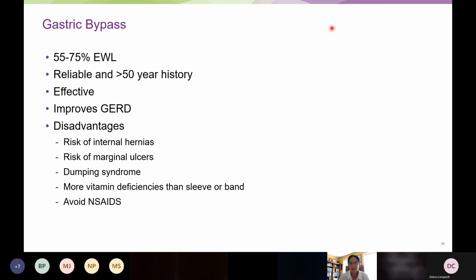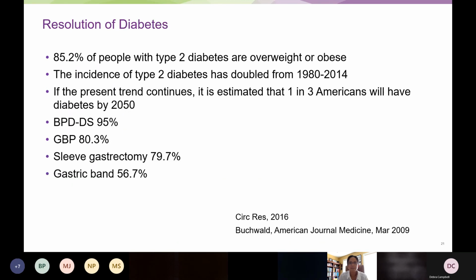Oftentimes they just have to lay around until the symptoms pass, and sometimes it could take several hours for that to pass. Although gastric bypass has more deficiencies than the gastric sleeve or the gastric band, it doesn't have as many deficiencies as the duodenal switch or the SADI procedure. Next slide.